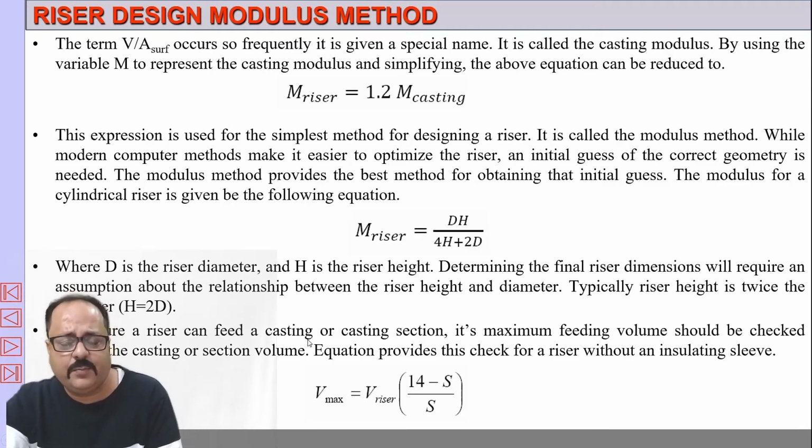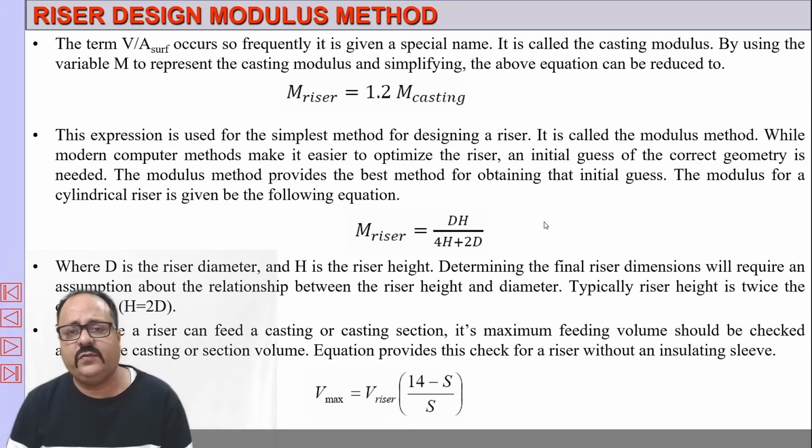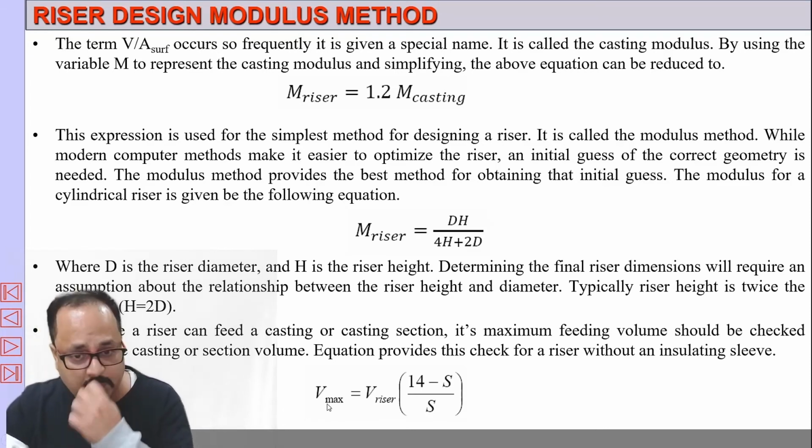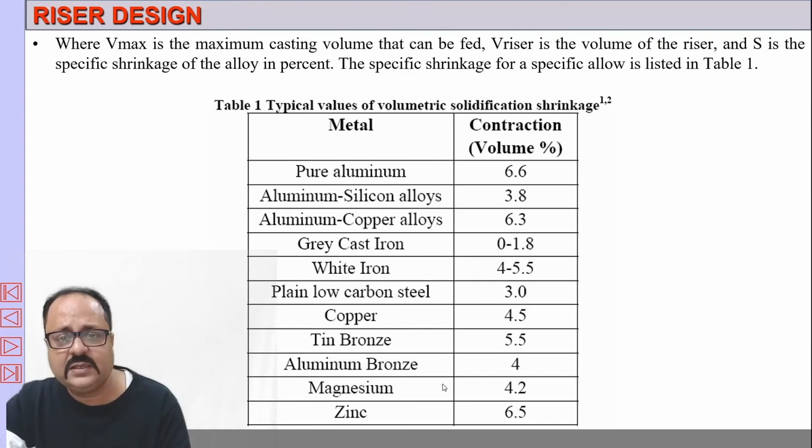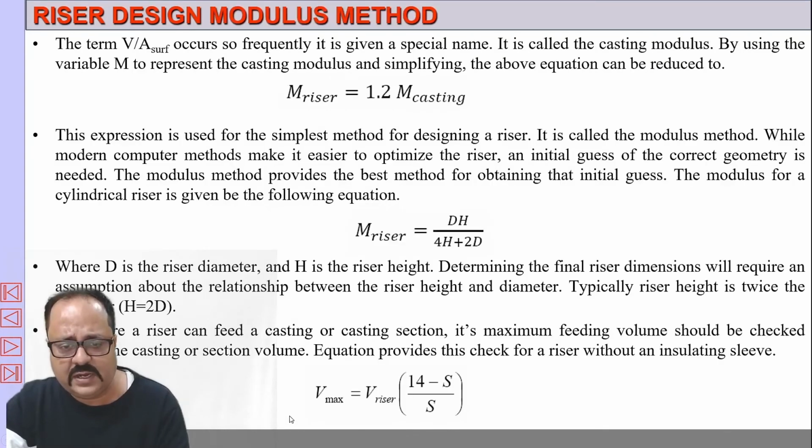Now one thing is very important: we are not aware whether the volume of metal in the riser is enough to compensate. For that there is another formula, Vmax is equal to V riser into (1 minus S) by S. This S value we can calculate from this curve for different materials, contraction volume, and from that we can calculate the Vmax.